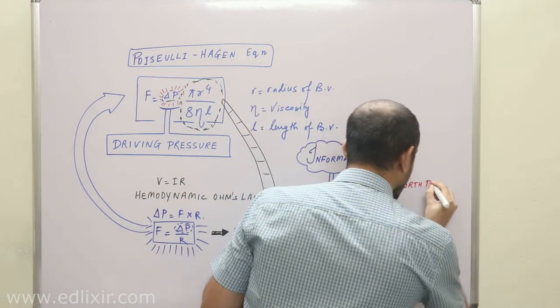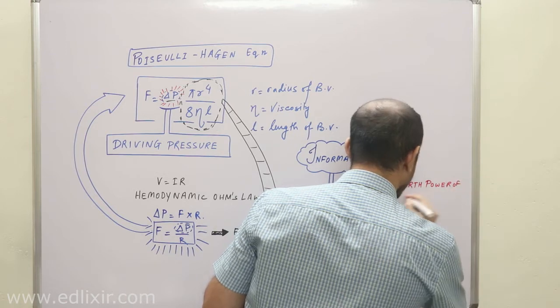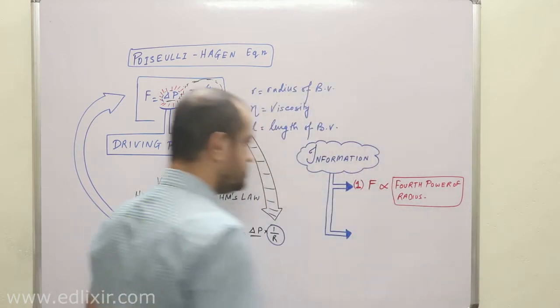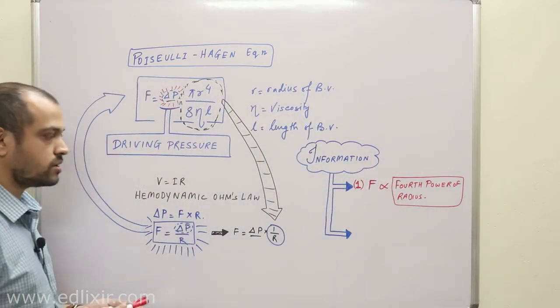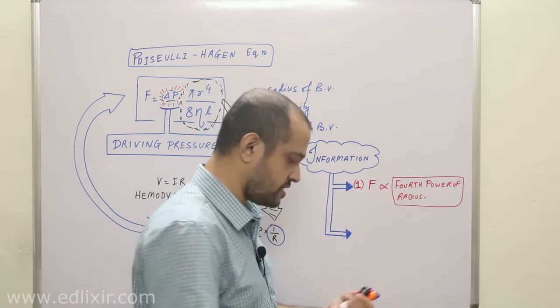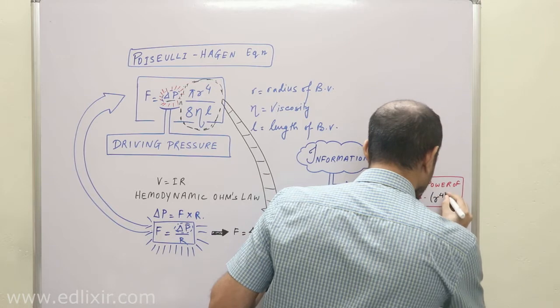Clear? Blood flow is directly proportional to the fourth power of radius, that is r to the power 4.